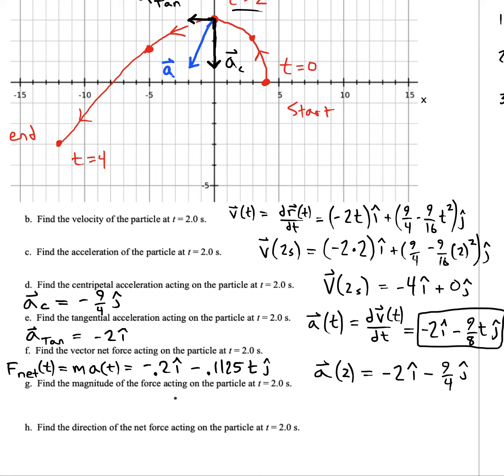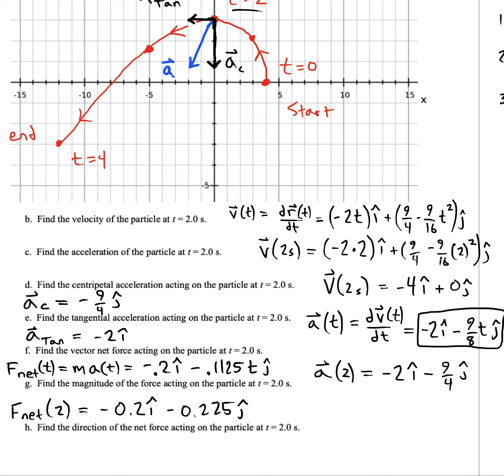Now find the magnitude of the force acting on the particle at t equals 2. So first I'll plug in 2. So we'll get negative 0.2i minus, looks like 0.225 j. Alright, what's going to happen is the force is going to go along with the acceleration.